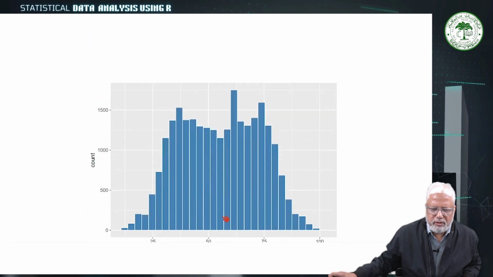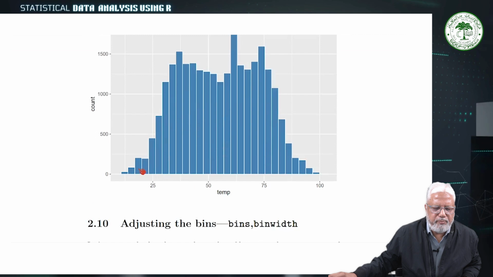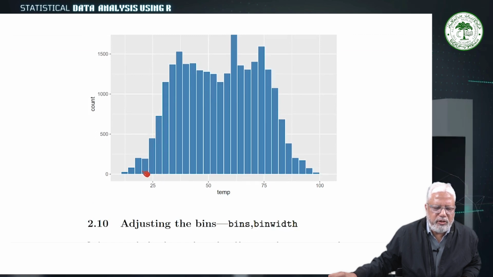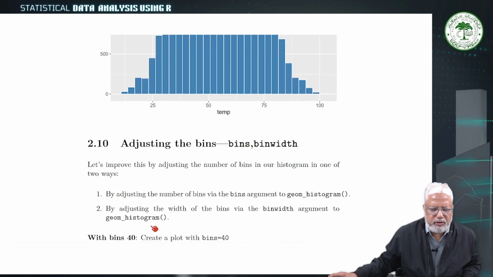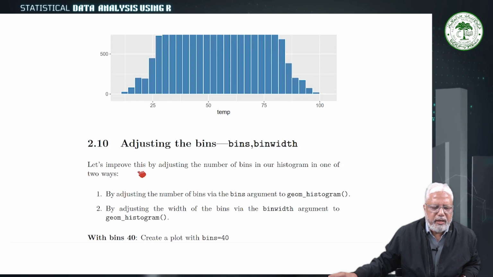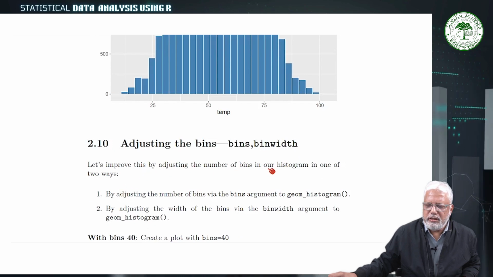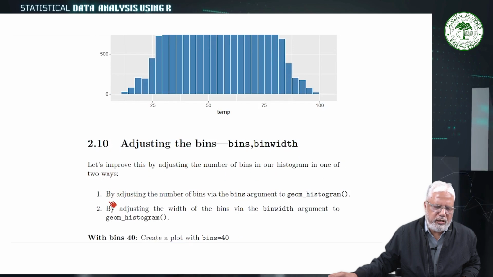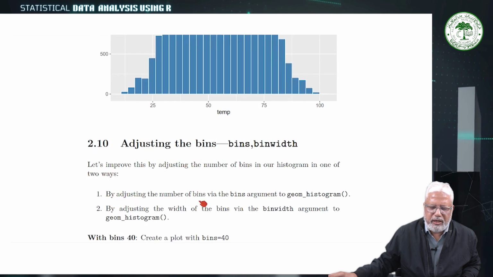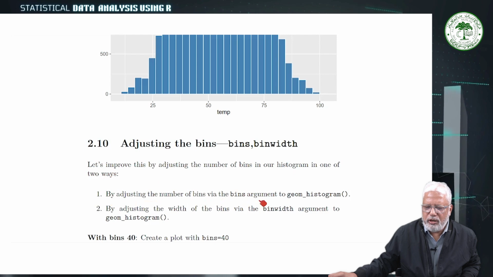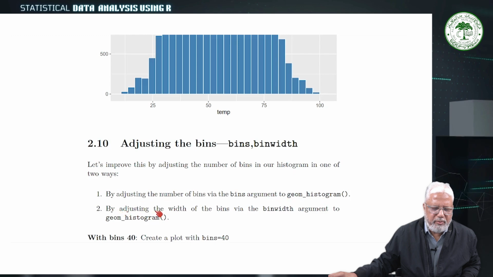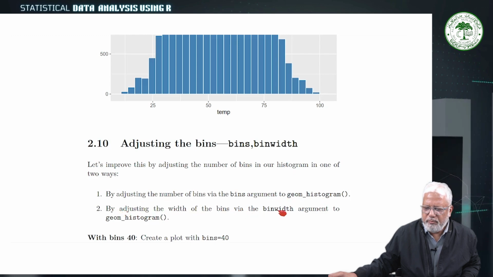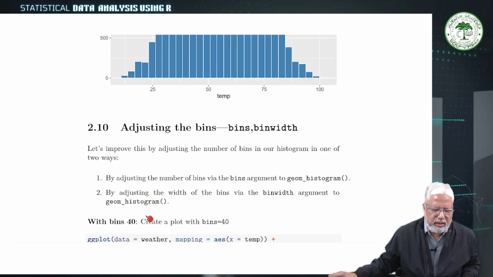See, these are the bins, and this distance is the bin width. So, let us improve this by adjusting the number of bins in our histogram in one of two ways. Number 1, by adjusting the number of bins via the bins argument to geom_histogram. Number 2, by adjusting the width of the bins via the binwidth argument to geom_histogram.